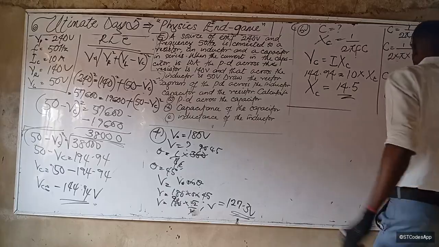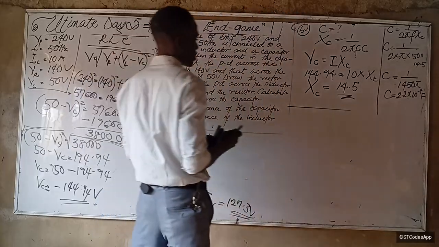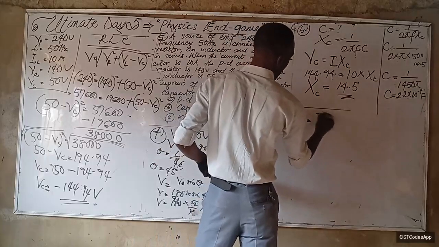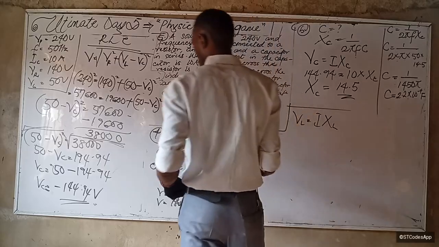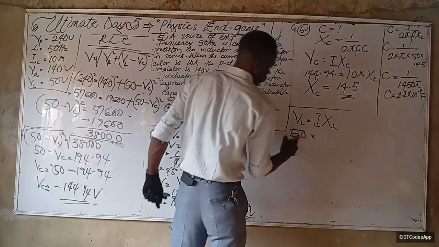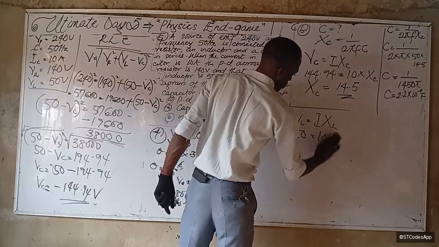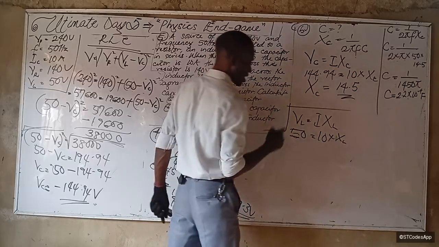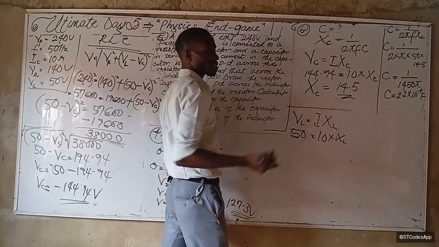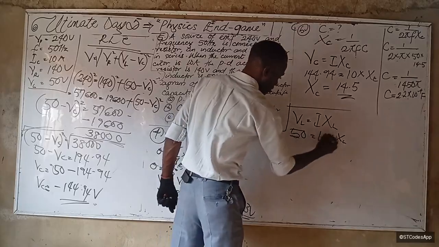Since we have V sub L here, V sub L will be equal to I times X sub L. V sub L is already given to be 50, equal to I, which is 10, times X sub L. The inductive reactance will be greater, that's why we always subtract the capacitive one from it.